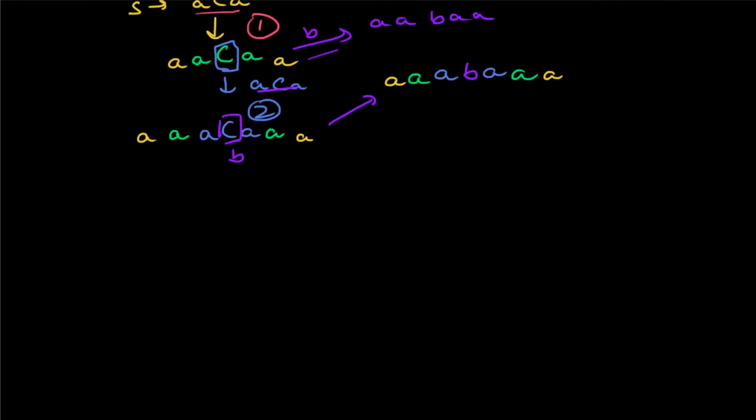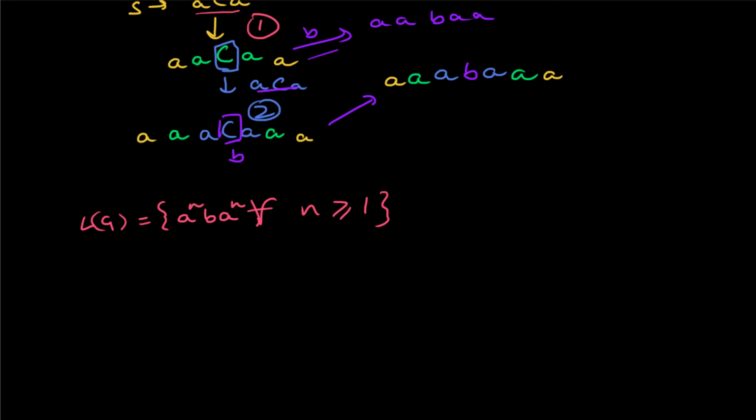As you already know, we can write L(G) as A^n B A^n for every n greater than or equal to 1. Now what is missing? The powers.